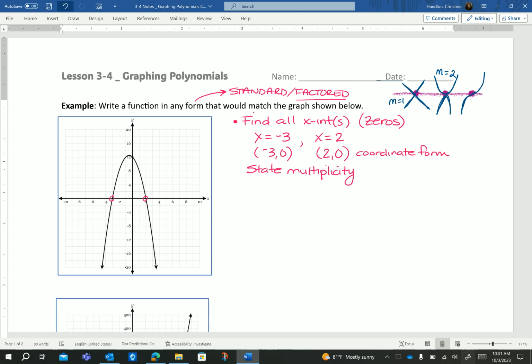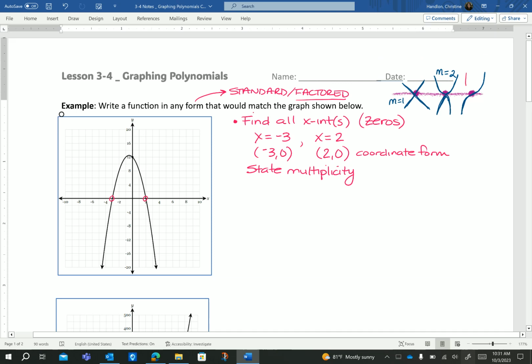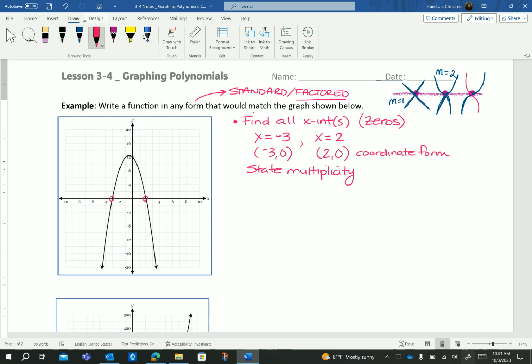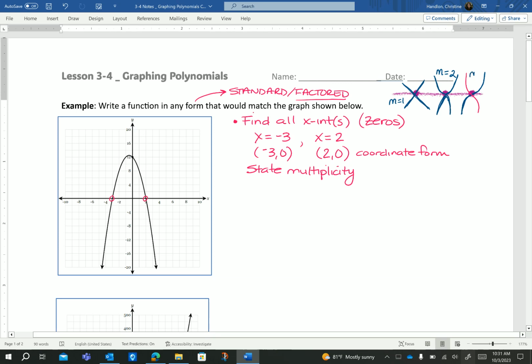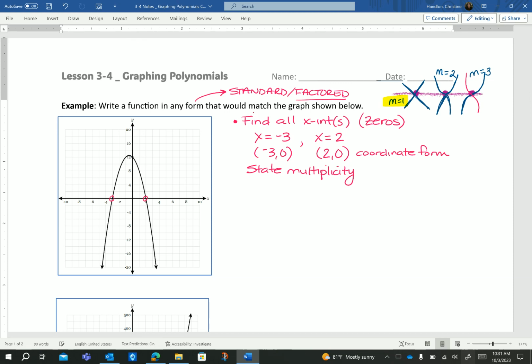If it goes through the x-intercept in either direction, in some similar shape or form, that will have a multiplicity of 3. Delta Math primarily keeps the multiplicities limited to 1 and 2, because anytime you get higher than that, multiplying gets kind of tedious.